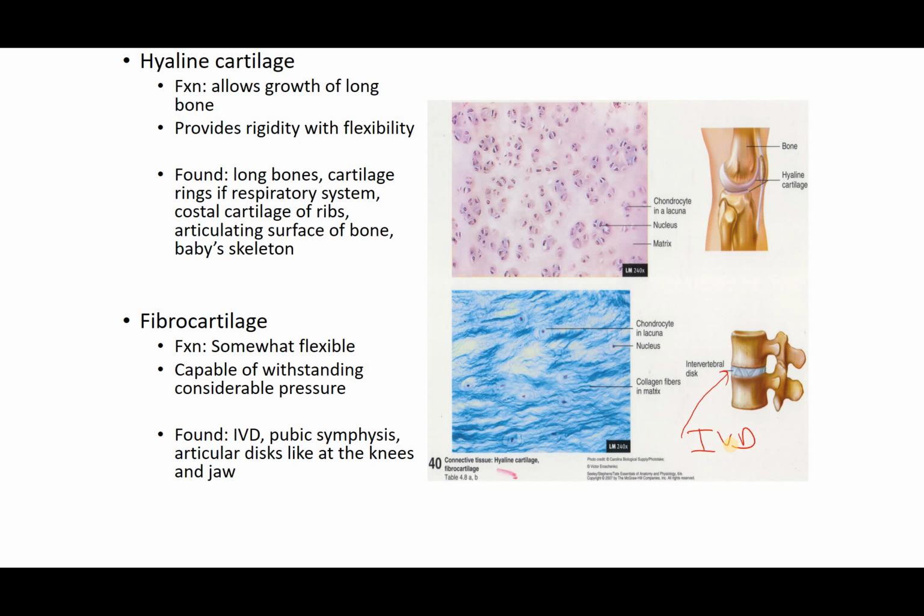I want to make a clinical comment on fibrocartilage. And do know this, be able to understand this concept as I talk about it clinically. If you look over here on our Cartesian plane, we have the y-axis and the x-axis.